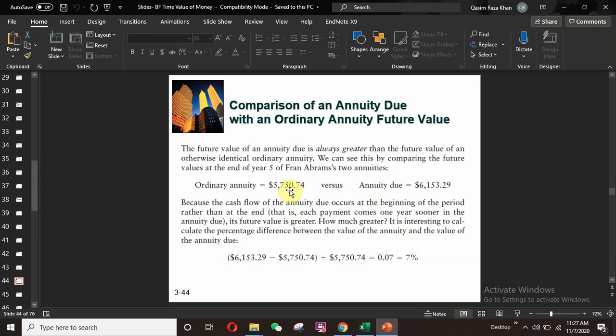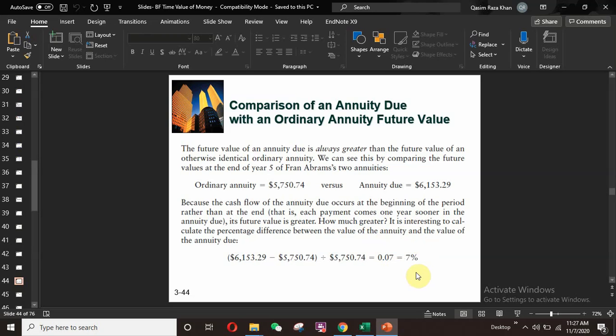So from here we can also learn how much bigger this value is than that value, and how much more return we are generating. We can utilize the rate of return formula, that is P1 minus P naught divided by P naught. Here my 6153 minus 5750 divided by 5750 is equal to 0.07.